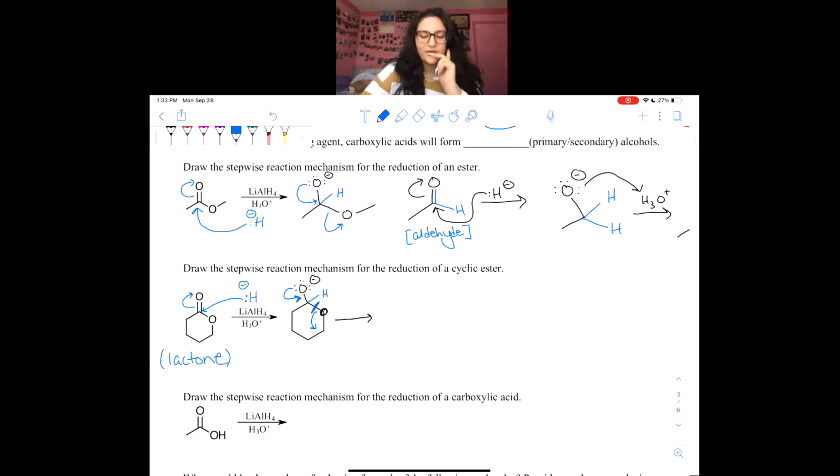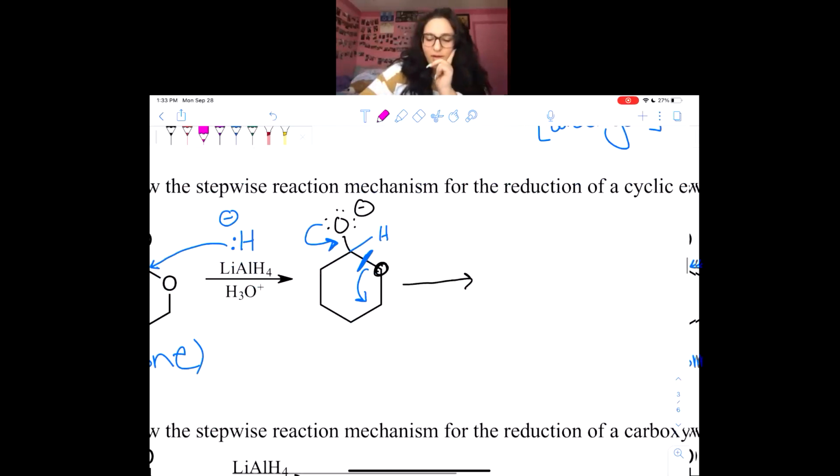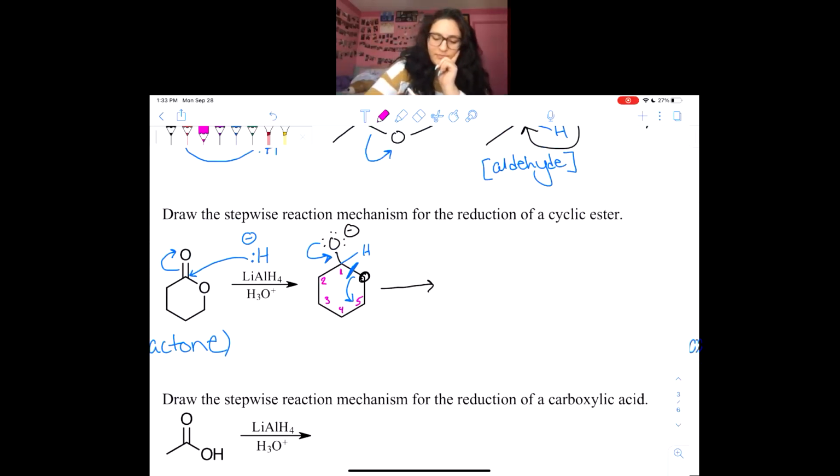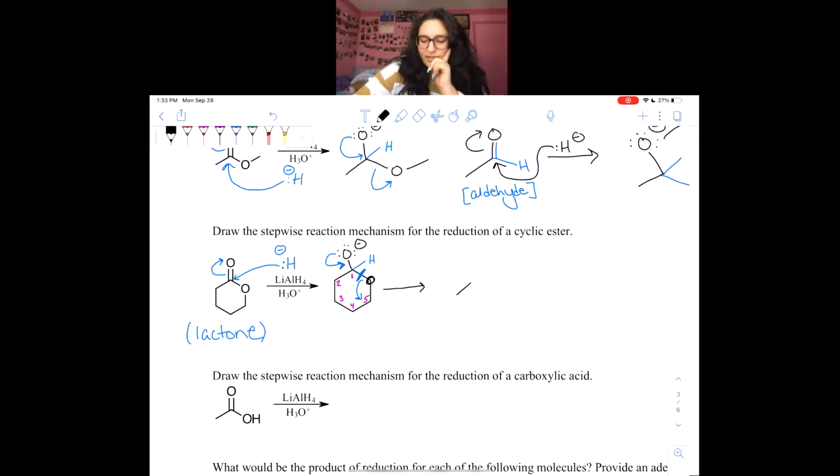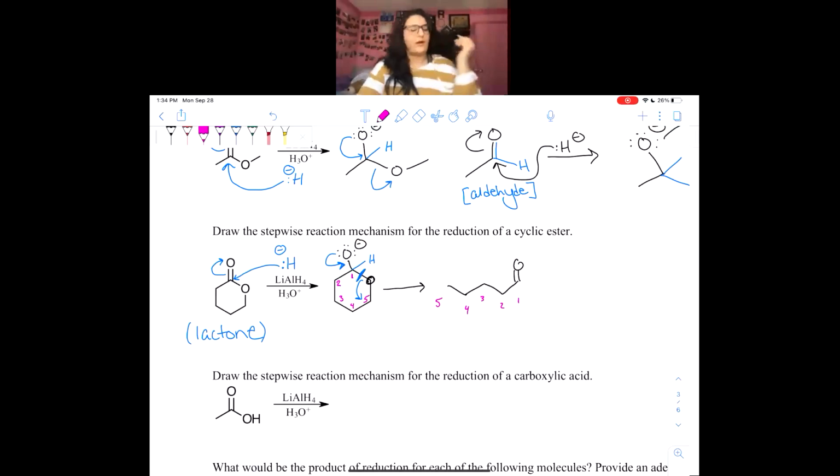And I hope by now you already know what I'm going to say. We're going to count our carbons. So this will be carbon 1, 2, 3, 4, 5. So we draw a 5 carbon chain. 1, 2, 3, 4, 5. On carbon 5, what should I draw?